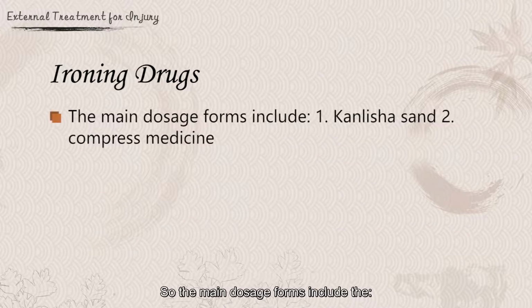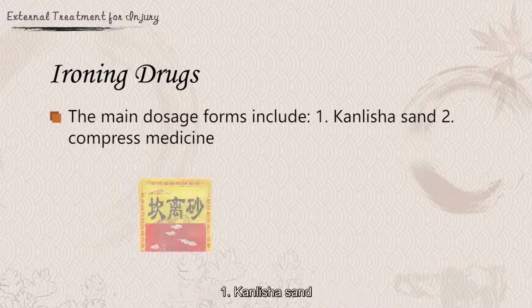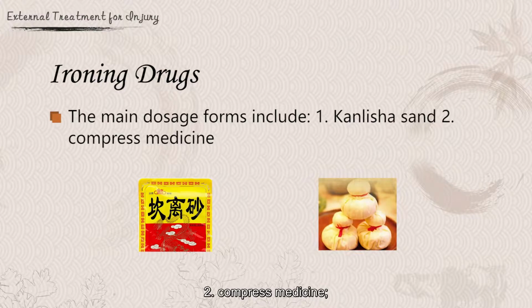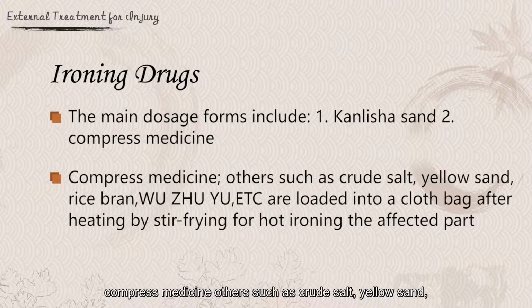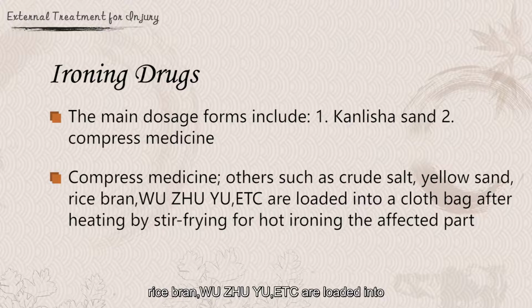So the main dosage forms include the Canlisa and compressed medicine. Compressed medicine, others such as coarse salt, yellow sand, rice bran, wuzhuyu, etc., are loaded into a cloth bag after heating by dry frying for ironing the affected part.